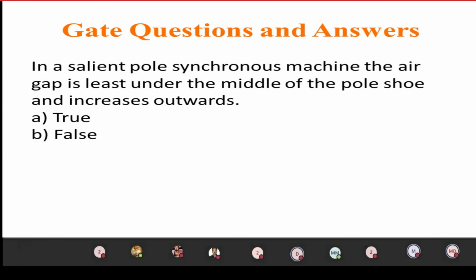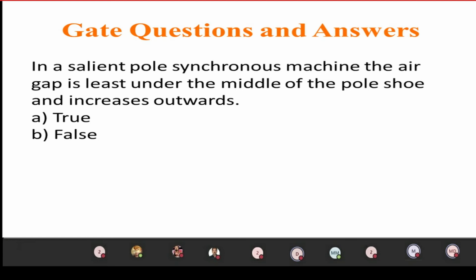The salient pole synchronous machine: the air gap is least under the middle of the pole shoe and increases outwards.